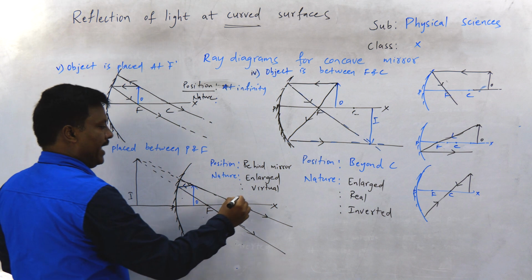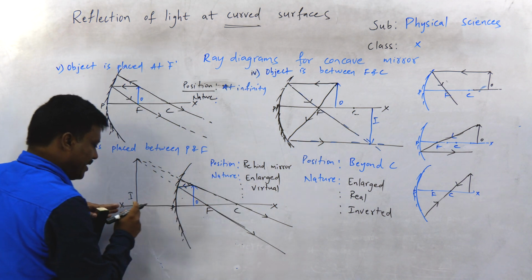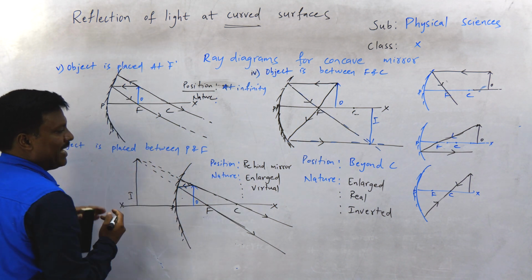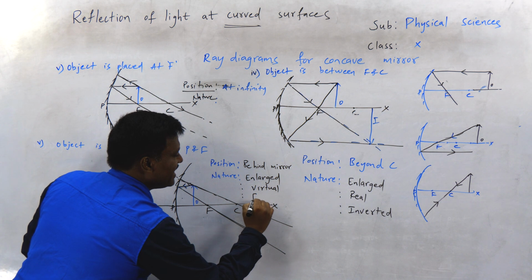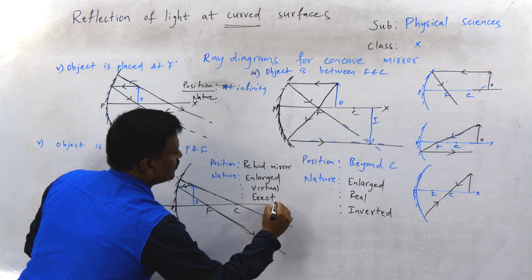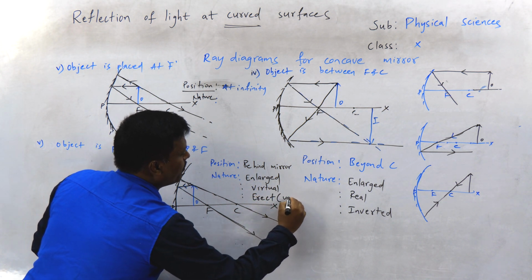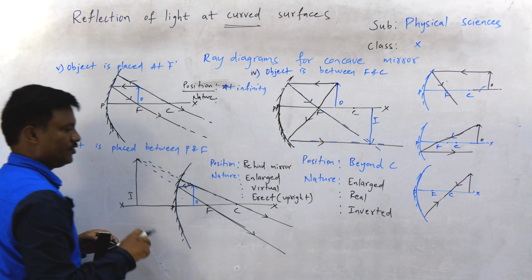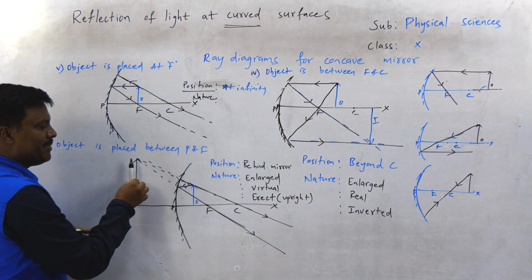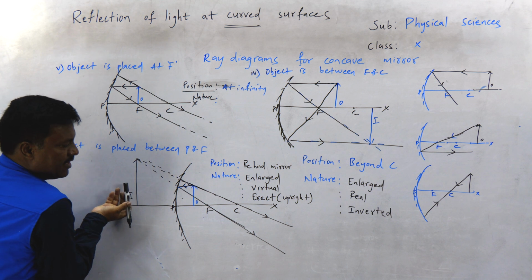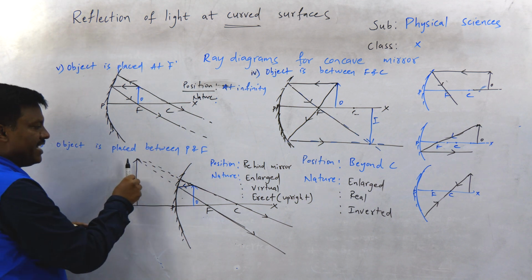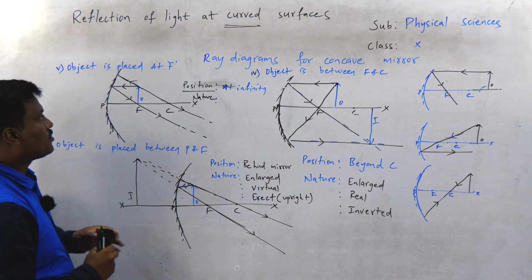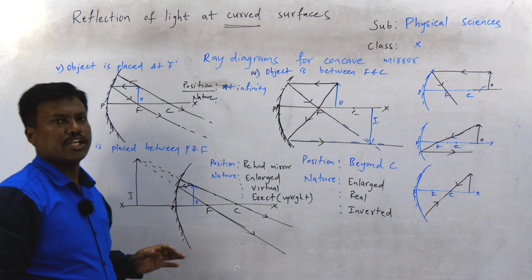Okay? And this time the image is formed upward of the principal axis, so the image is erect or upright. Okay, the object is this way, the image also this way. This is an erect image. Okay, so these are the ray diagrams for the concave mirror.